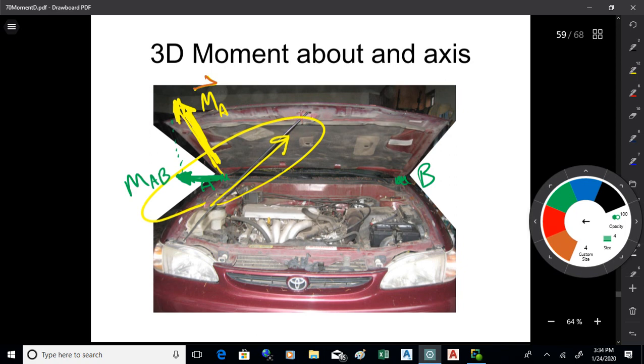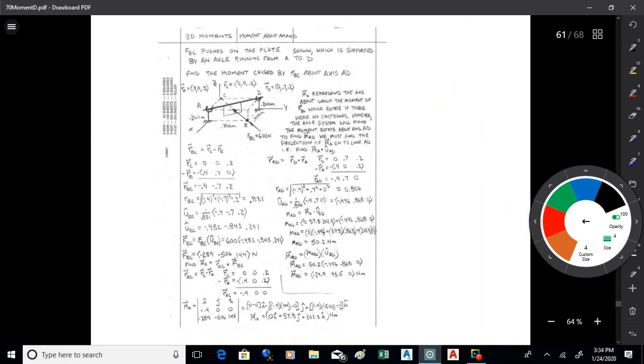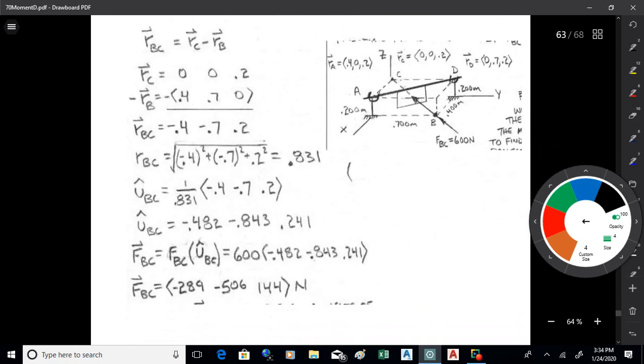That's what I might want to know. You're projecting the moment vector onto a given line about which you're forcing the rotation to occur. So you're doing a dot product to finish that up. You do the regular M sub A calculation, and then after you've done that, you do one last step as a projection. All right.